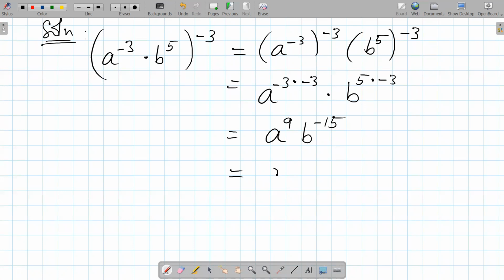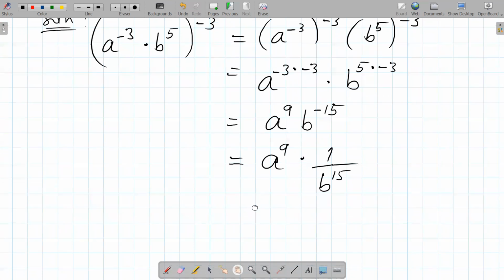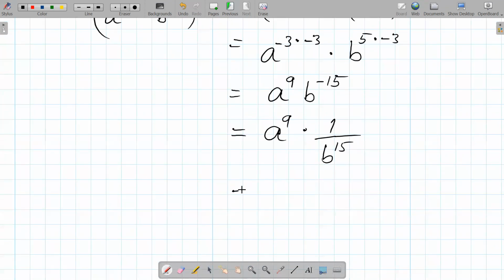So it becomes a to the 9 times 1 over b to the positive 15. And from there, I can just multiply. I can divide this by 1, it's the same thing. So I'm multiplying numerators and denominators. I'm going to have a to the 9 divided by b to the 15. And I'm all set.